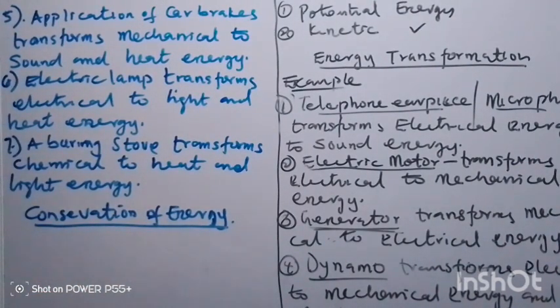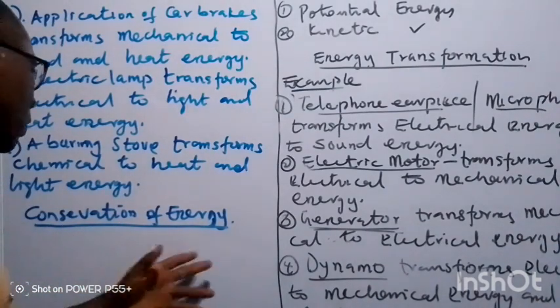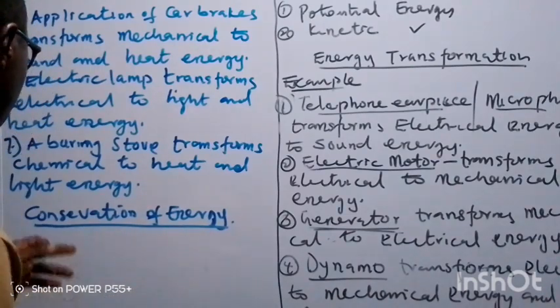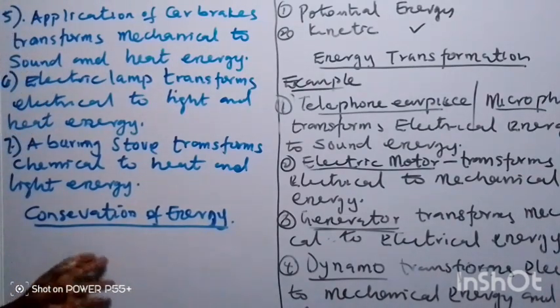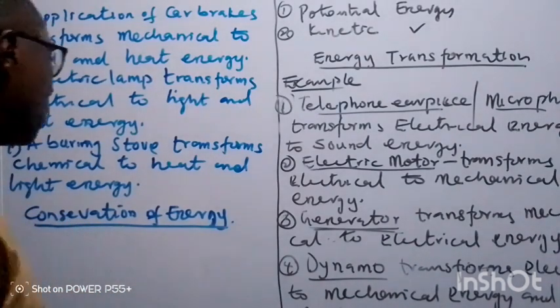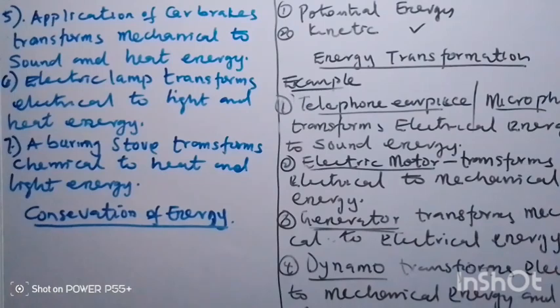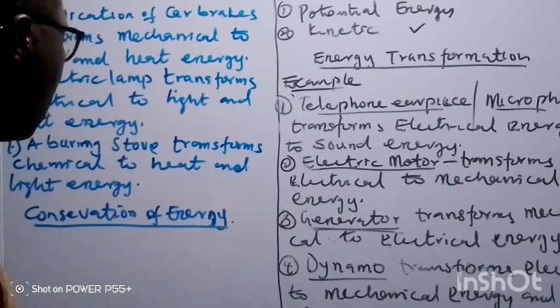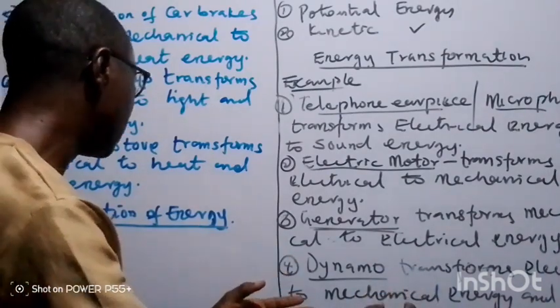And the principle simply states that in an isolated or closed system, the energy can neither be created nor destroyed during transformation. When you say an isolated system or closed system, it is a system that does not give out energy or receive energy.